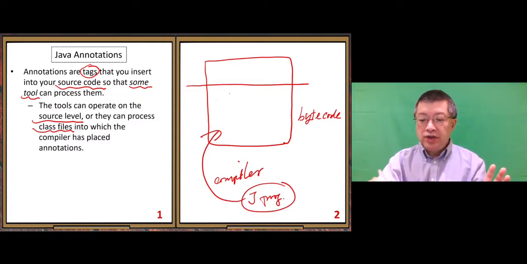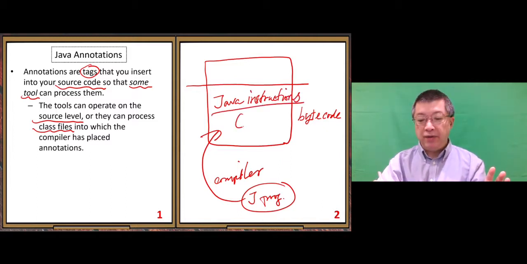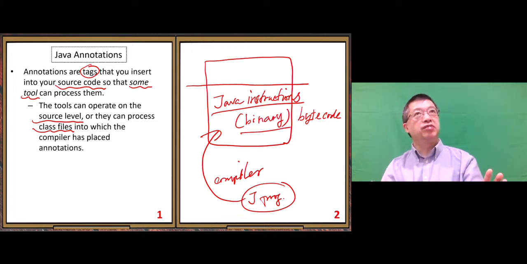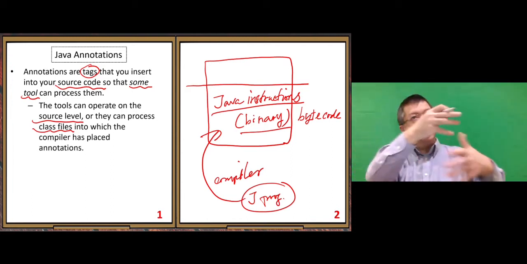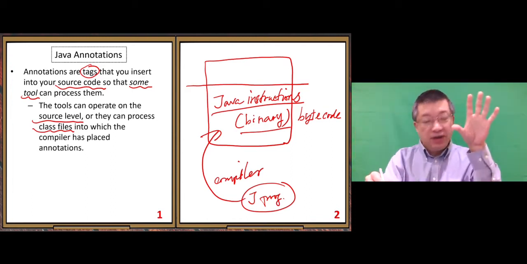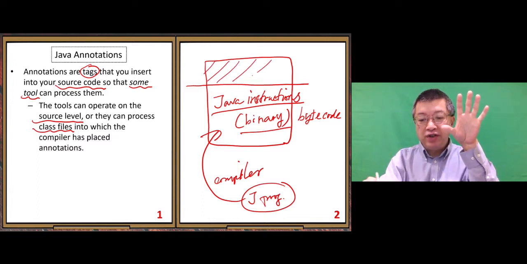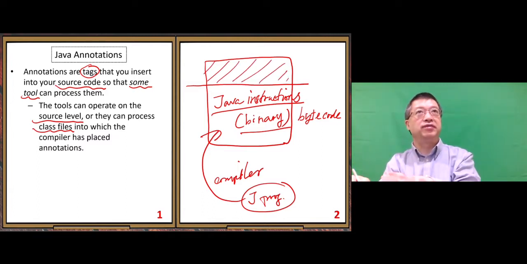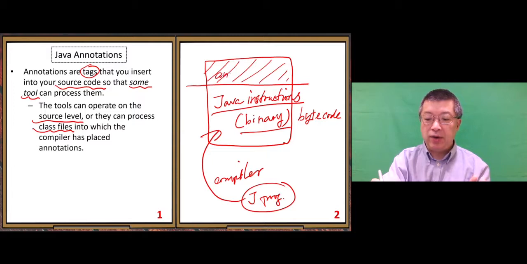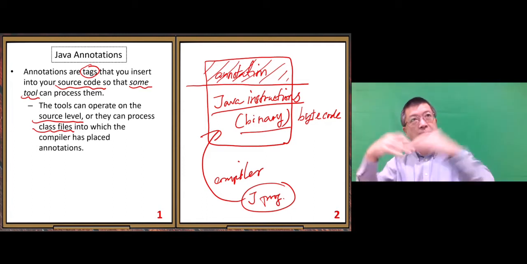This part is the Java instructions, the binary version, we know. Compiled Java instructions, for the real execution. Then the annotation part is separated from the Java instructions. Okay, so these are the annotation part.